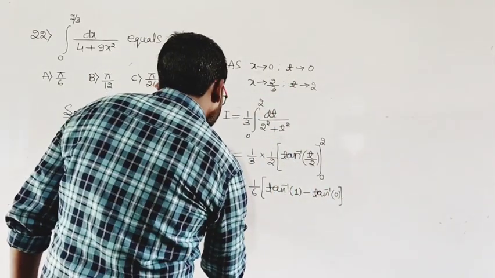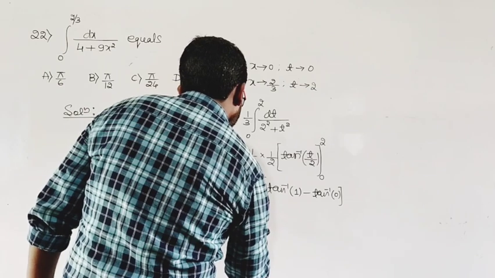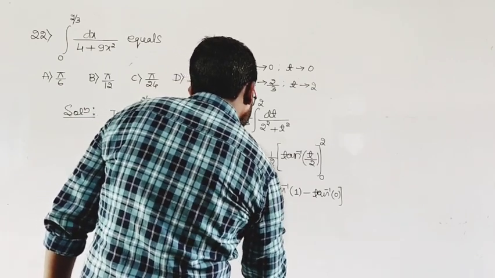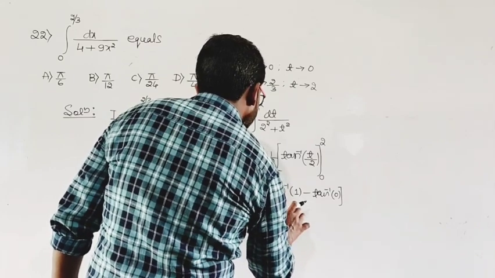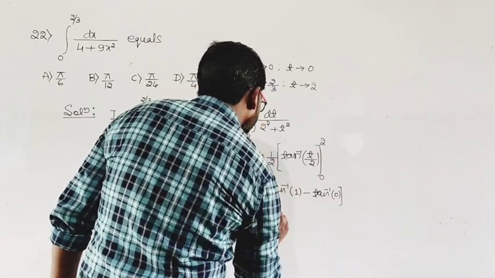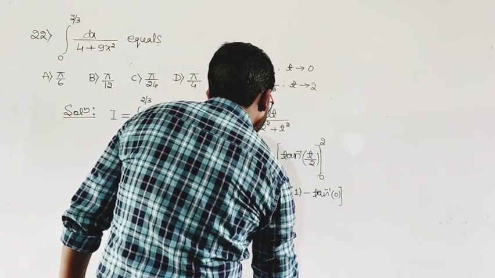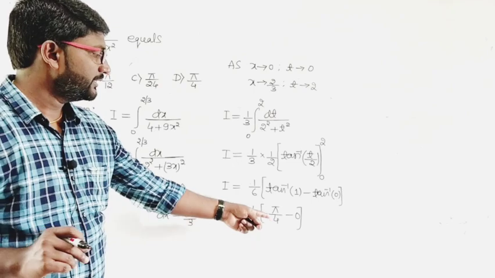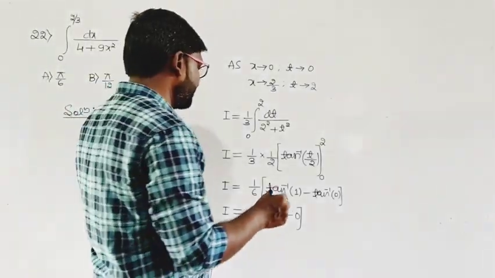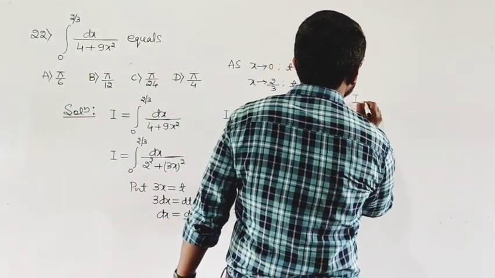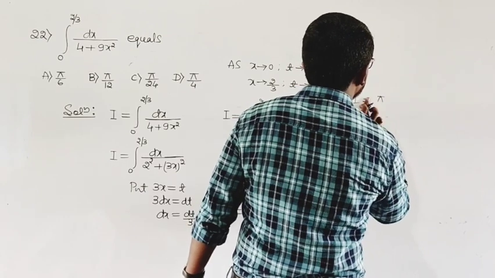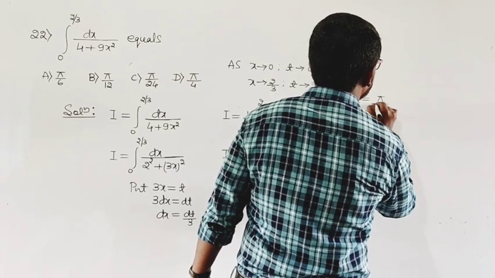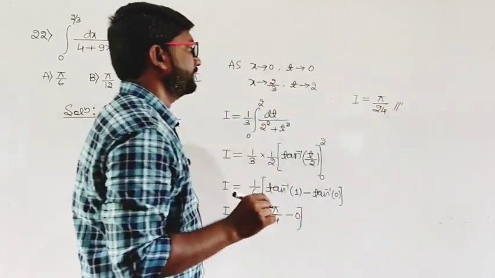Then I is equal to 1/6 times tan inverse 1, which is pi by 4 minus 0. So pi by 4 into 1/6 will be pi divided by 24. I is equal to pi by 24. So this is the required answer.